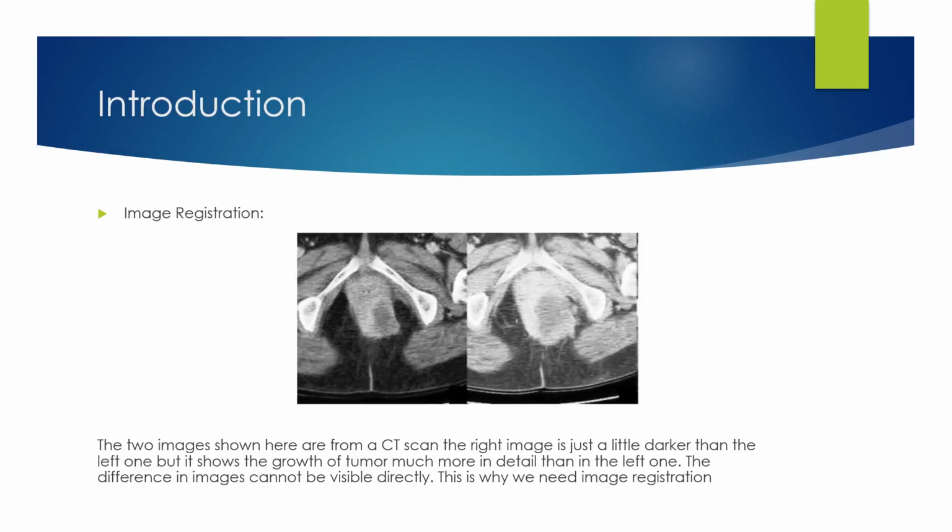That's why we can use the image registration algorithm to find the differences between the two images, which is not direct math. It takes an image registration algorithm to understand the difference between the two images and figure out what the growth of the actual tumor is.